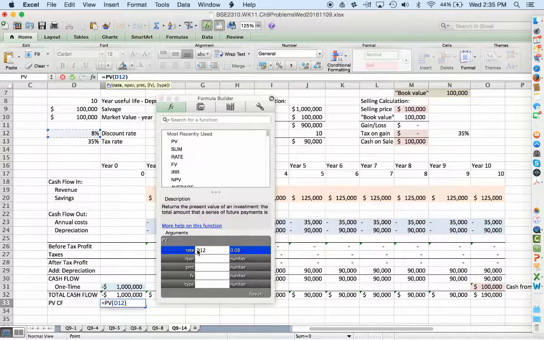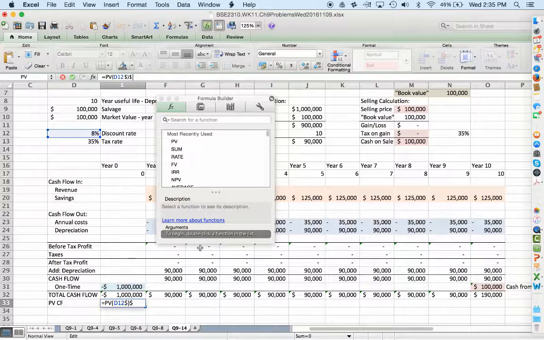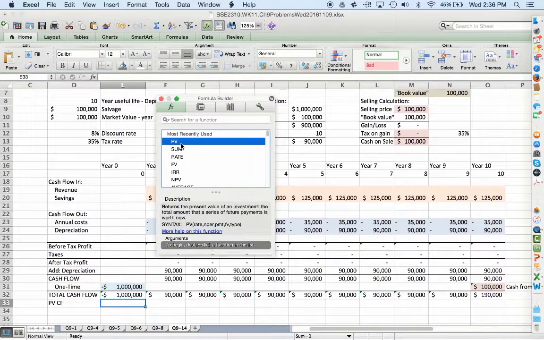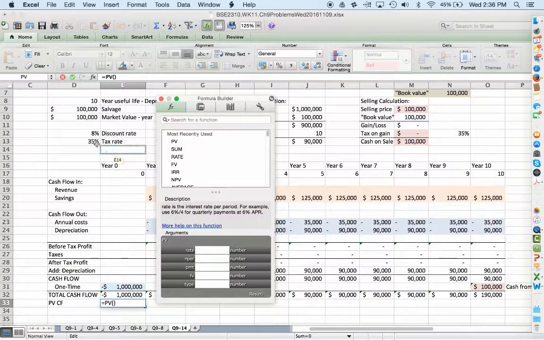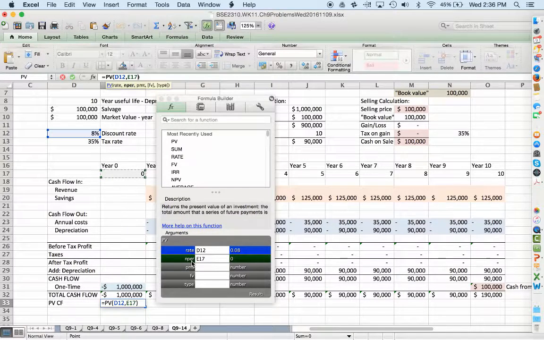And again, let me get my formula correct. I'm going to use 8%. The period, I'm going to use the value 0. And then in the future value, I'm going to put the total cash flow.